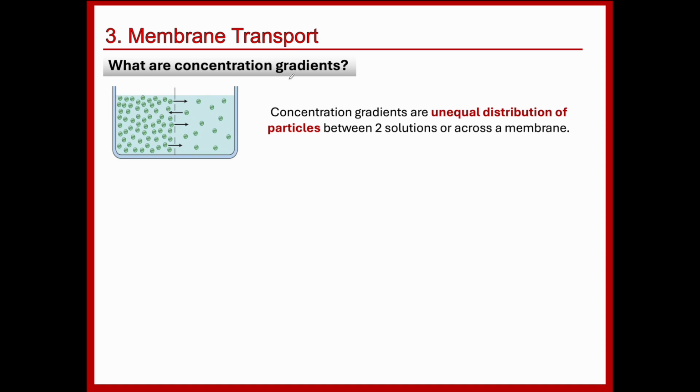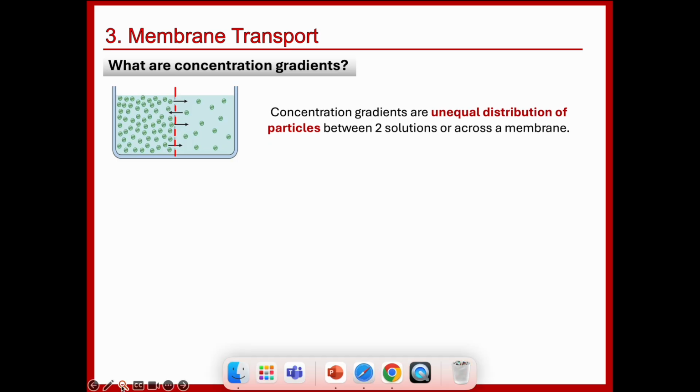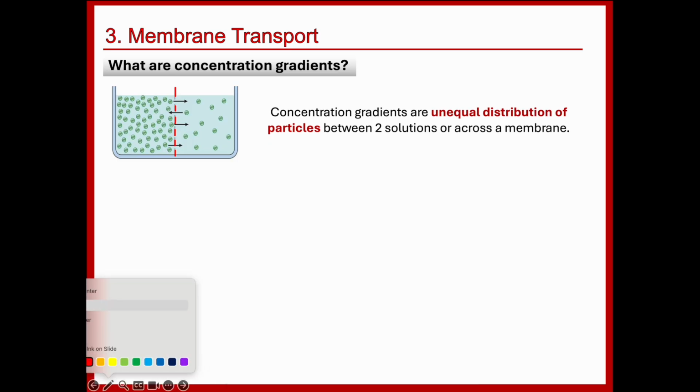And that's concentration gradients. Concentration gradients are unequal distributions of particles between two solutions or across a membrane. This thing here is like a pretend membrane that we have, let's say like your cell membrane, right? We're pretending it's like the cell membrane a little bit.